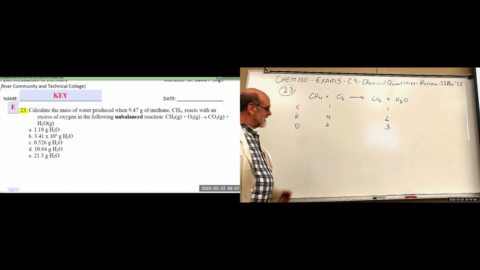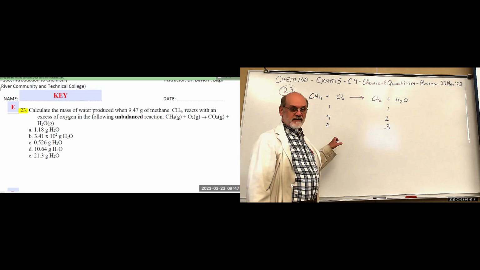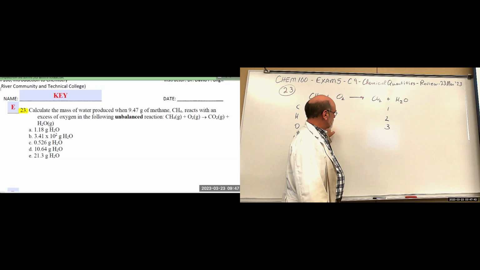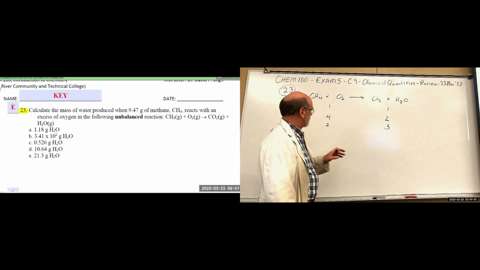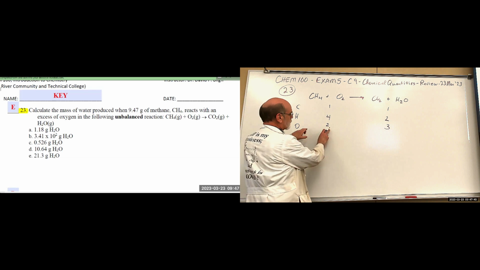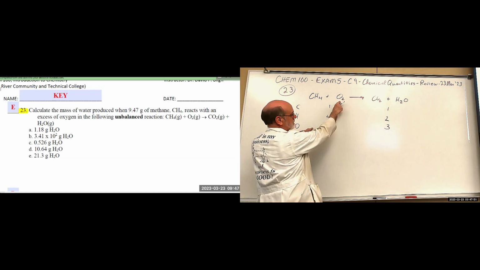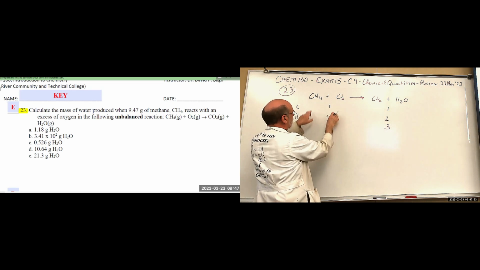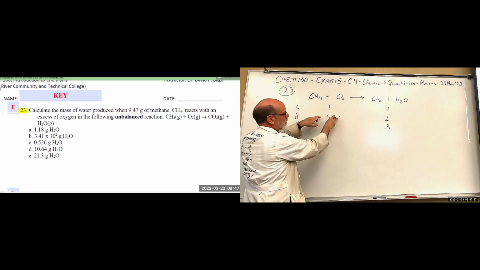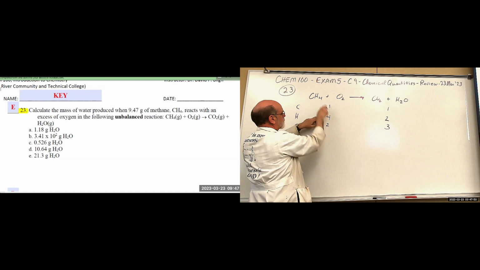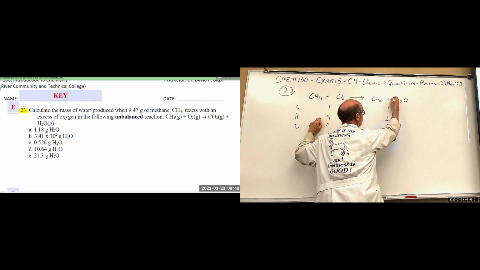Okay. This looks like we might be setting ourselves up for a problem. That's even and that's odd. But don't fret yet. We're not going to do oxygens first anyway. So let's work on carbon and hydrogen. Carbon's okay. So let's work on hydrogen. 4 hydrogens here. We need 4 on this side.